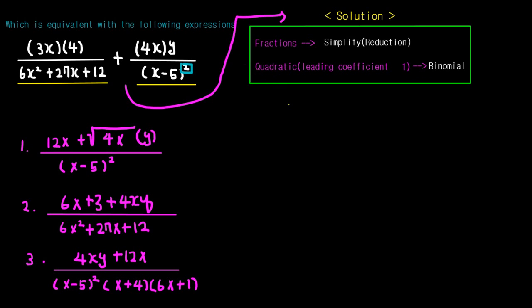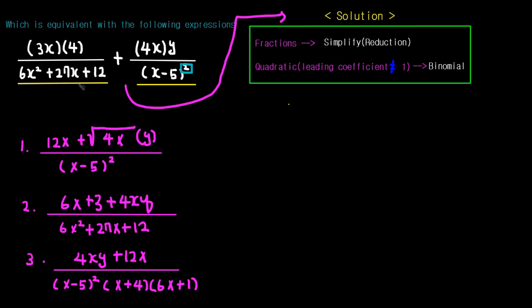In the second step, leave every term except the quadratic whose leading coefficient is not equal to 1, and convert it into a binomial. The reason we convert it into a binomial is that we need to make a common denominator together to make a reduction for the simplification.